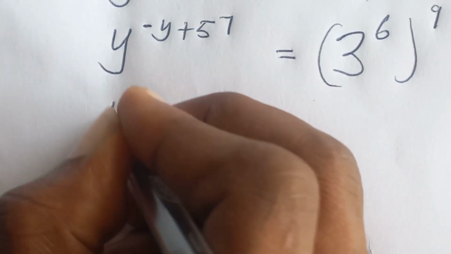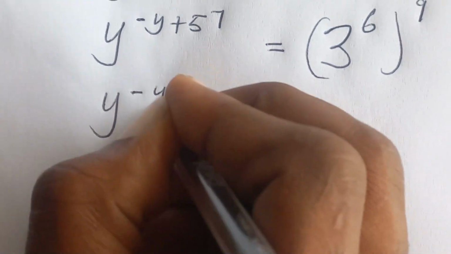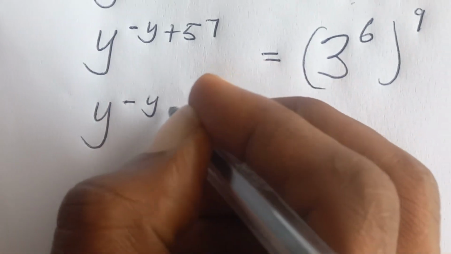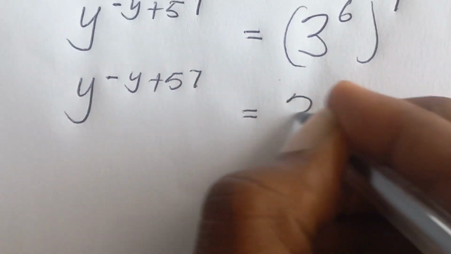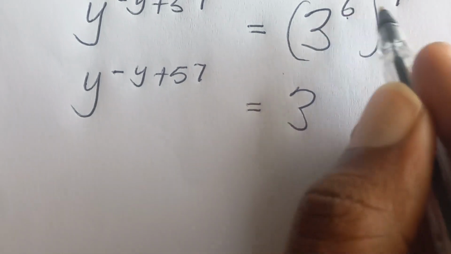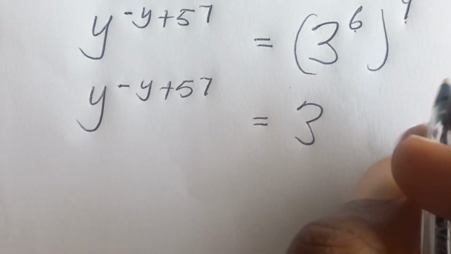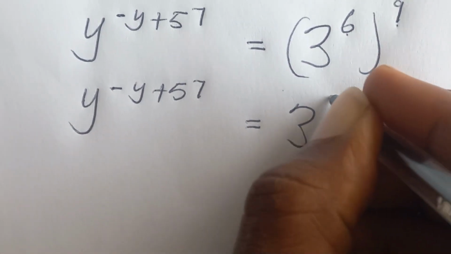From here, we have y^(-y + 57) = 3^(6 × 9), and 6 times 9 is 54. So 3^54.